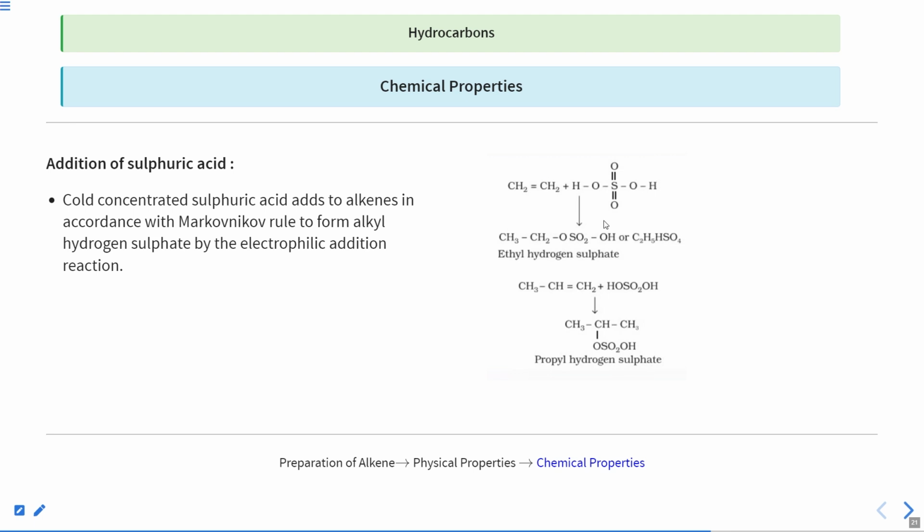This is the negative part. Since it is symmetrical, we don't have to worry for this one. If it were not symmetrical, the negative part would have gone to the carbon which has fewer hydrogen, and in this case the negative part is OSO2OH. Whereas the H, if you take this H out here, this will get H plus and this will get negative charge.